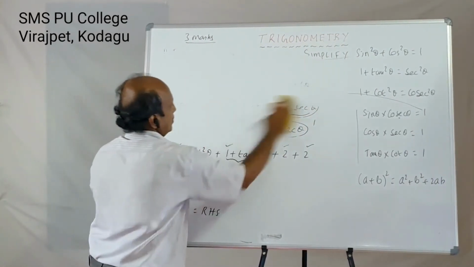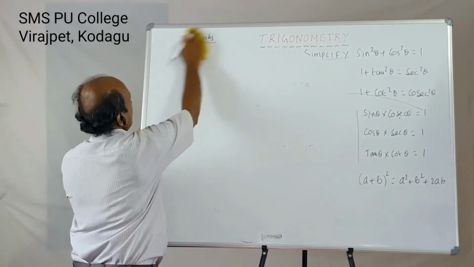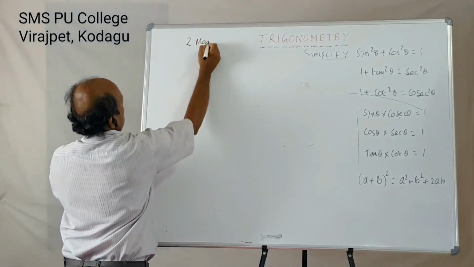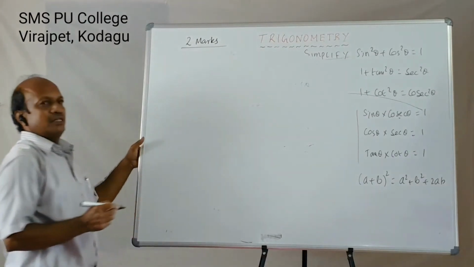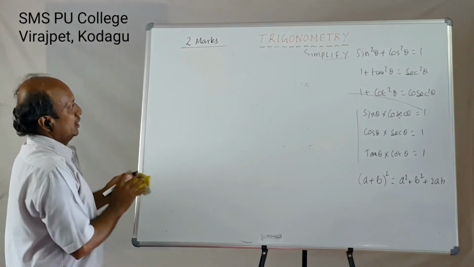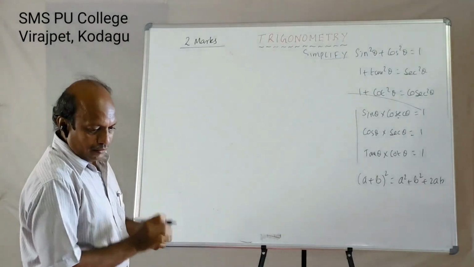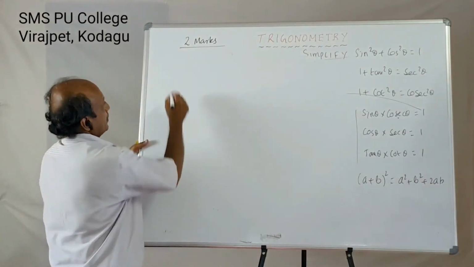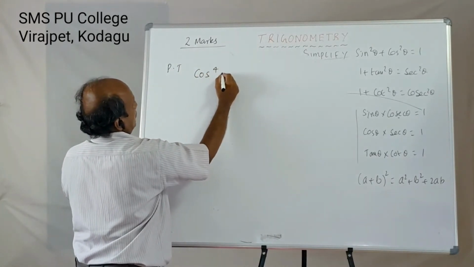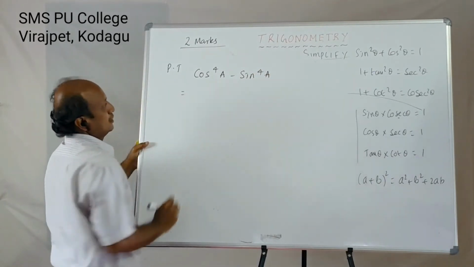Next, one more interesting problem. Again, this can be asked in two more ways. From the examination point of view, as a board support class, let us see it. The next question will come up like this: prove that cos to the power of 4a minus sin to the power of 4a can be proved in three different ways.